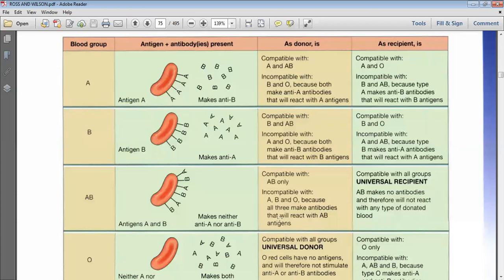So this is universal recipient and this is universal donor. So this is all about our blood group system, ABO system and rhesus system.